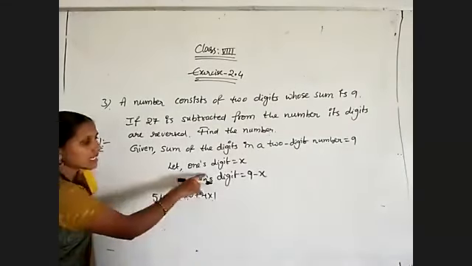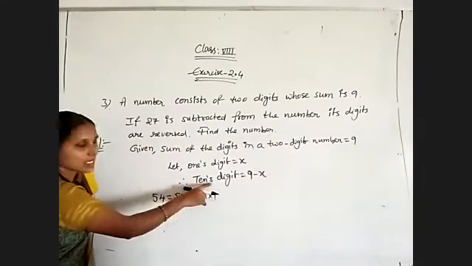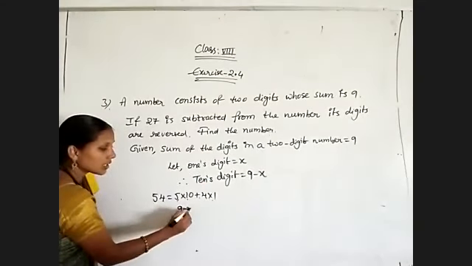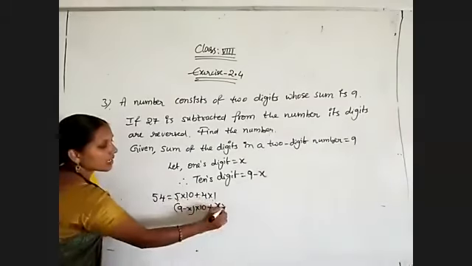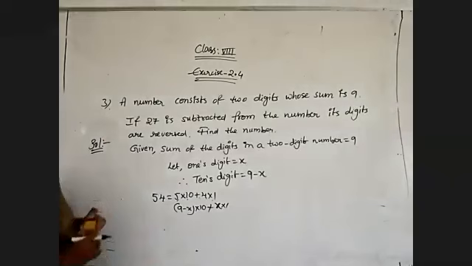So the digit in the tens place is 9 minus x, 9 minus x into 10, plus x in the units place, so x into 1. That is our number.